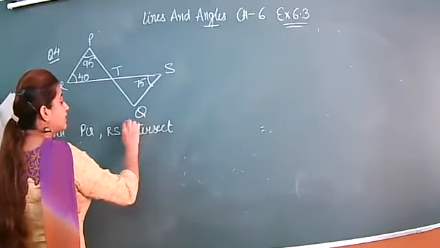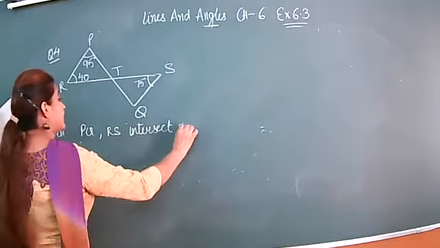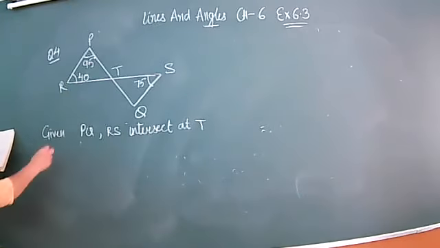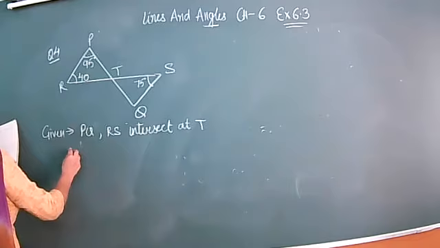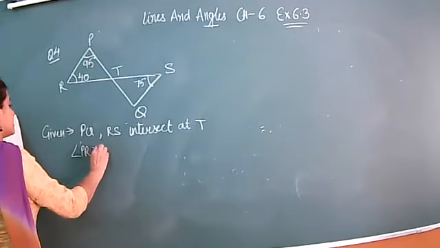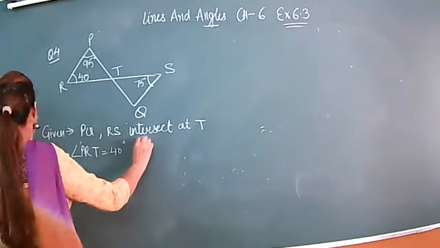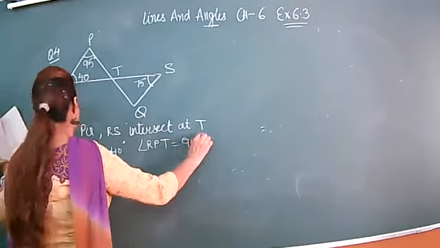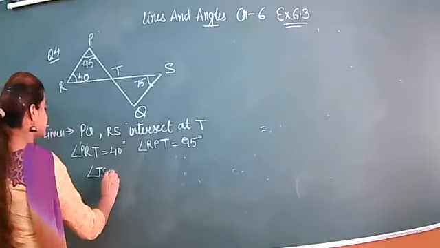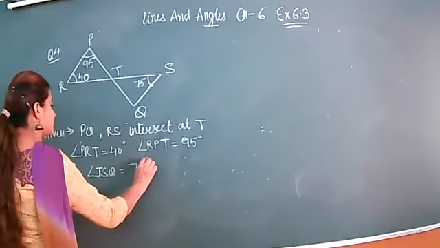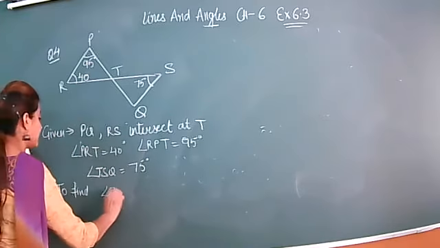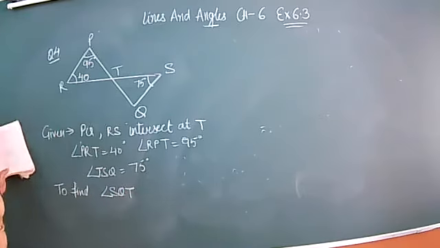As you know that whenever the two lines intersect, that means vertically opposite angles are always equal in that case. Angle PRT is 40 degree. Angle RPT is 95 degree. Angle TSQ is 75 degree. To find, what we want to find is angle SQT.